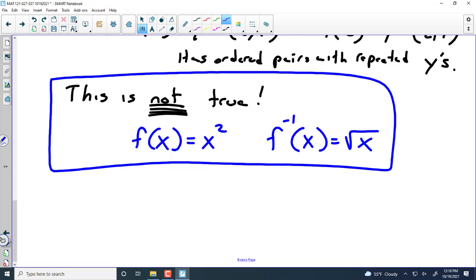You cannot say that f of x equals x squared and f inverse of x equals the square root of x, because it is not the case. I know this is not the case because this is not one-to-one.